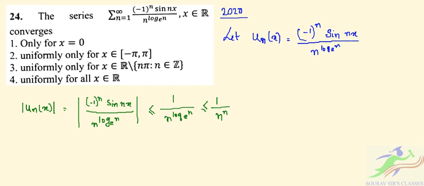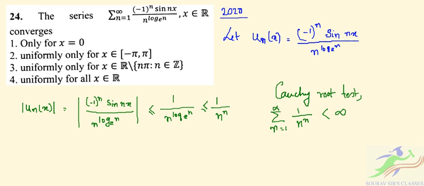So if we apply the Cauchy root test, we will see that when we take this summation from n equal to 1 to infinity, this 1 by n^n will always be less than infinity. So this implies that the sum of |u_n(x)| is less than infinity.